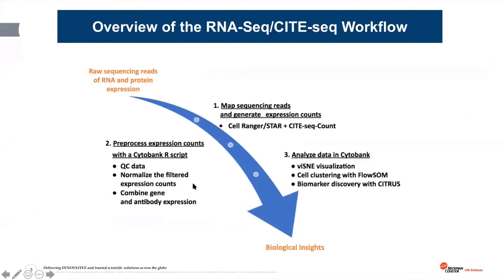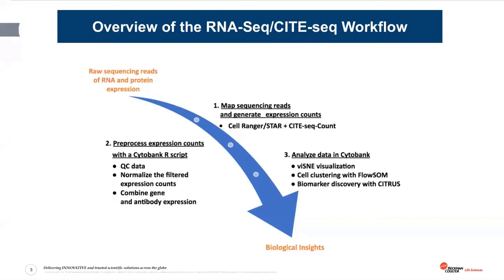As I mentioned in previous slides, Job is a data uploader, and you can upload your text format data, usually normalized and filtered, into Cytobank through Job. But besides Job, there are many other important steps involved in your single-cell RNA-seq or CITE-seq data analysis workflow.